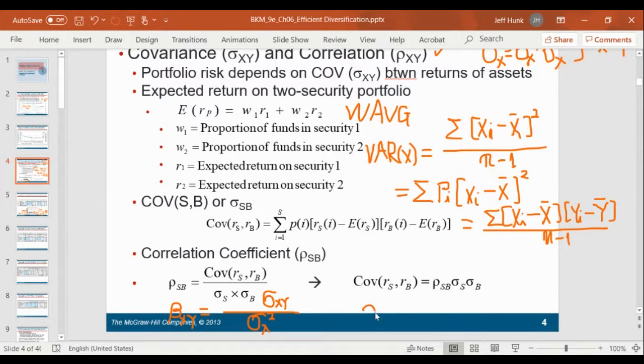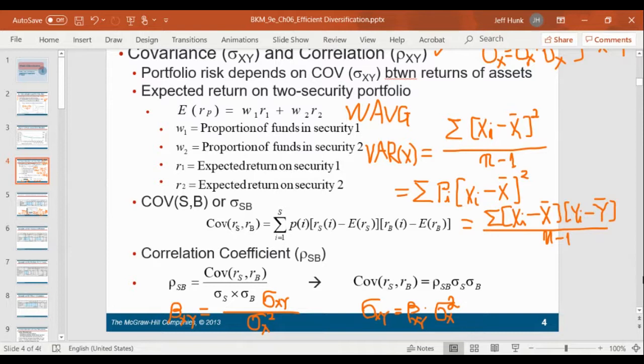Just the same then, covariance in the case of beta, if correlation is one way and is captured by beta, then the covariance is basically beta between x and y, beta of x and y, times variance of x.